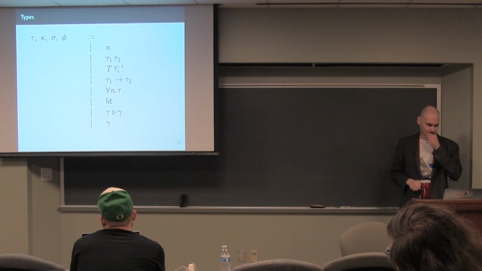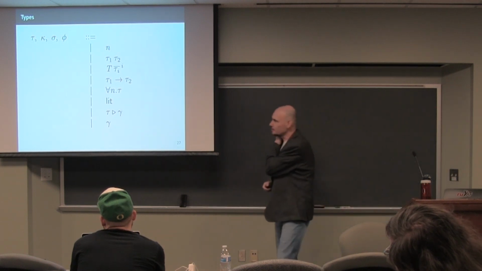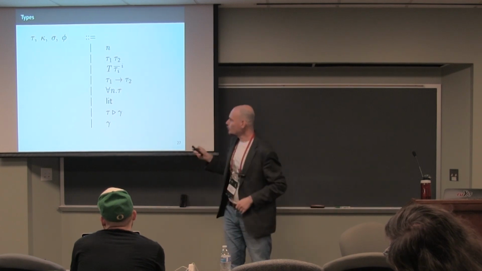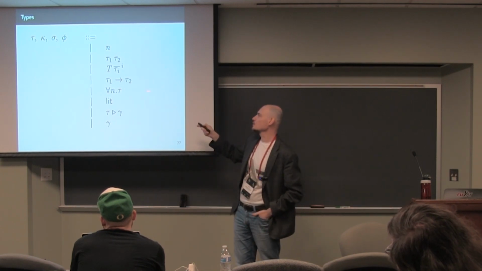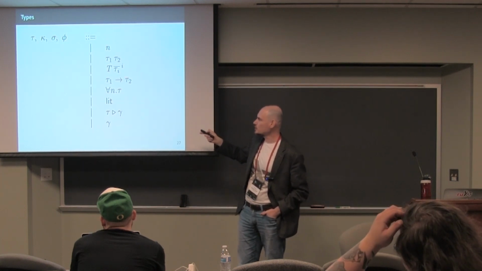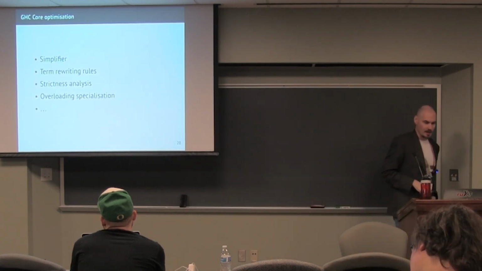This is a continuation of the slide about what can be types: foralls, arrows for functional types, type constructors, type application, and some other things. We'll move to that later.